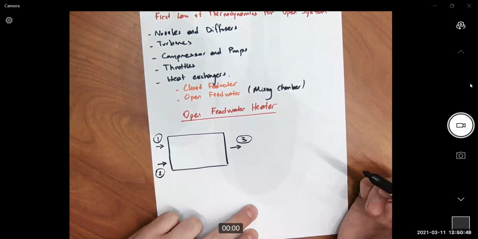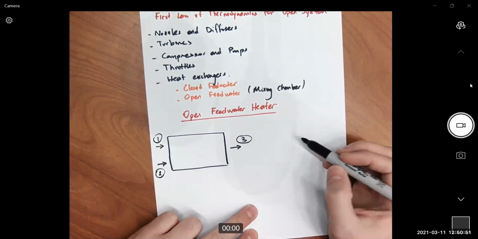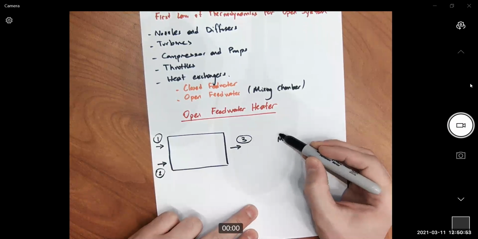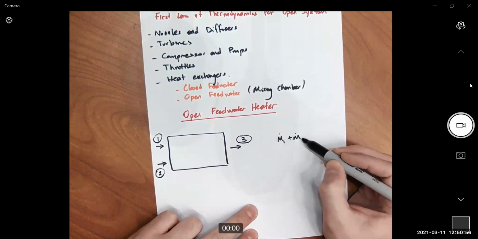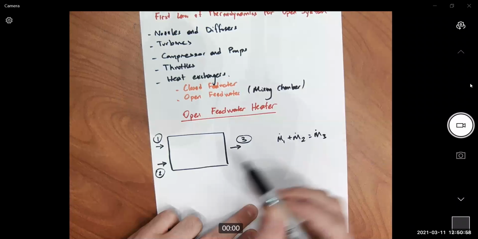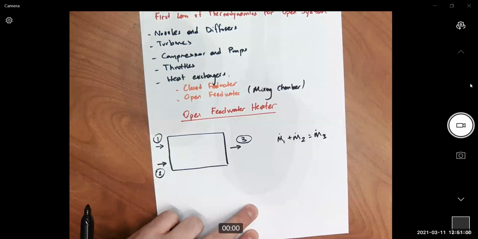And from the conservation of mass, the continuity equation, right? M1 plus M2 equals M3. Remember conservation of mass: summation of mass at the inlet minus summation of mass at the outlet equals mass accumulation. Again, we are still continuing on steady state conditions. So right hand side is 0, inlet equals outlet.